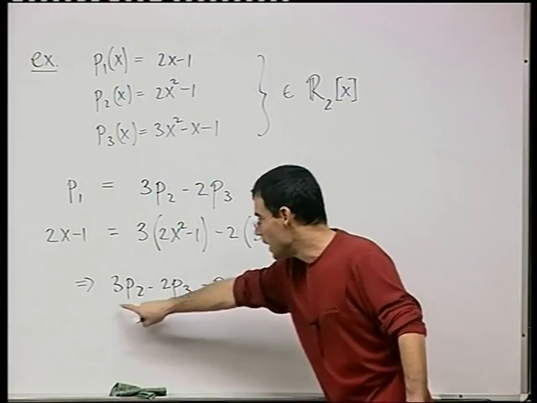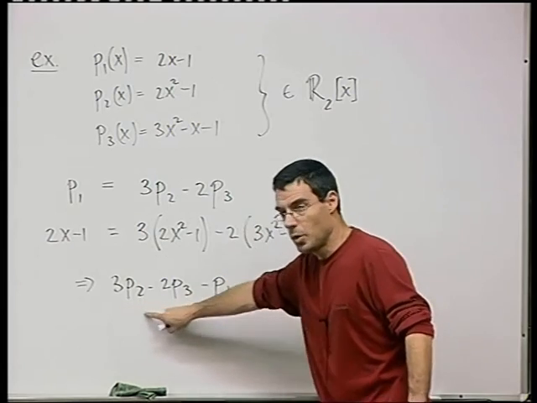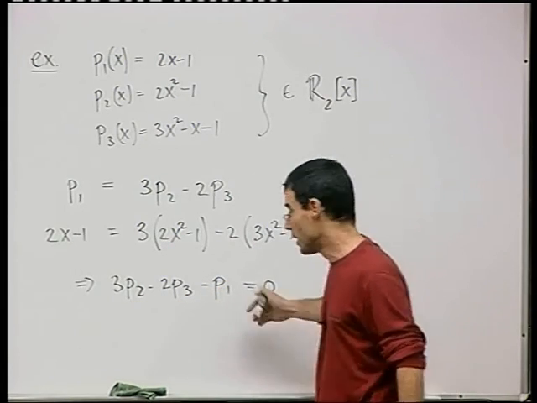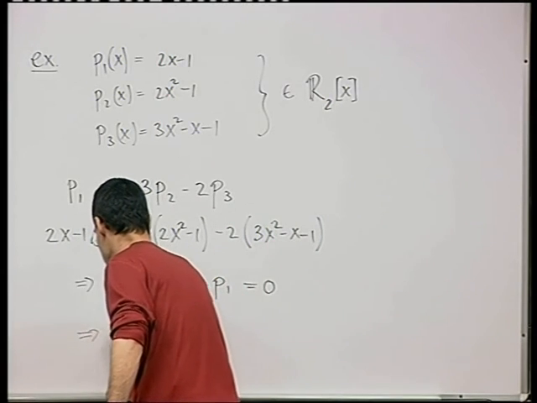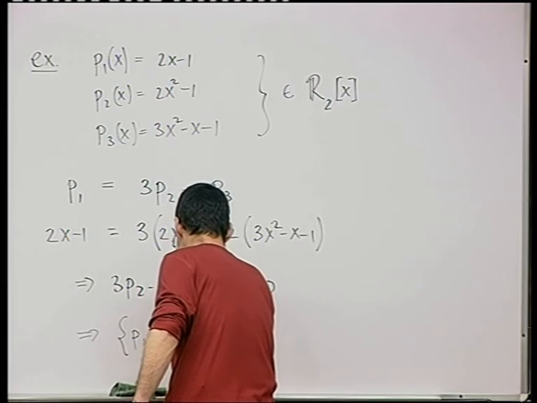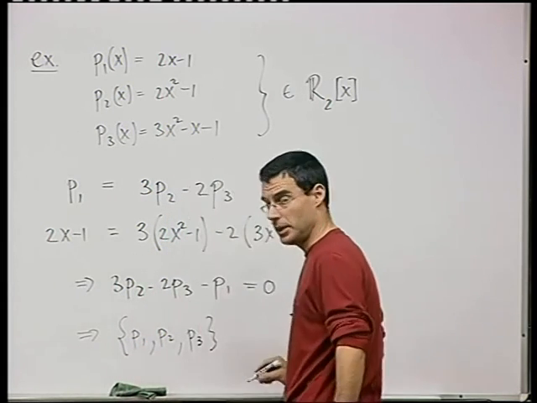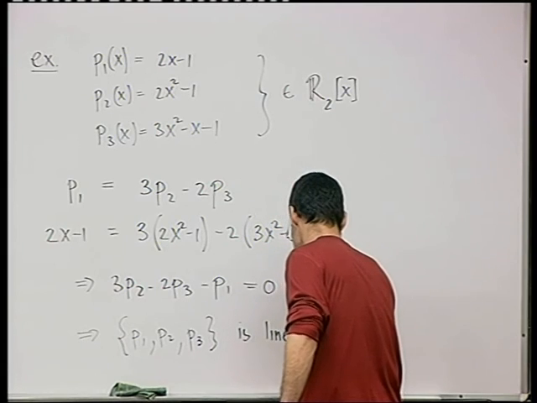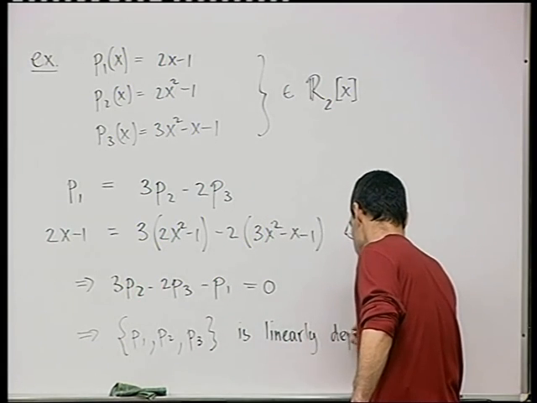So here's a linear combination of the 3, with not all coefficients 0, that gives 0, from which it follows that this set P1, P2, and P3 is not linearly independent, it is linearly dependent.